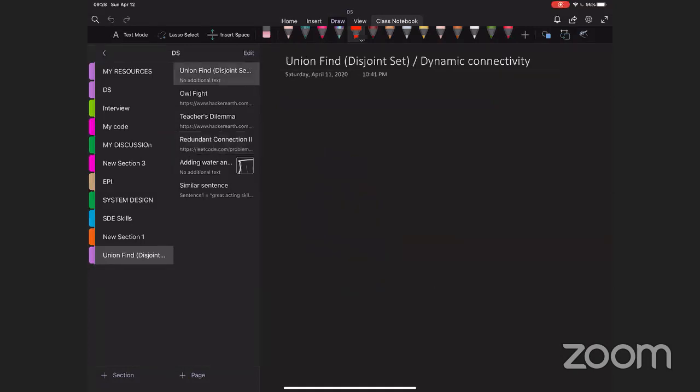Okay, so union find, also known as disjoint set and also as dynamic connectivity, is a data structure that helps us solve this kind of problem, the dynamic connectivity problem. Why I'm saying dynamic is because your connectivity changes with any operation you do, right?